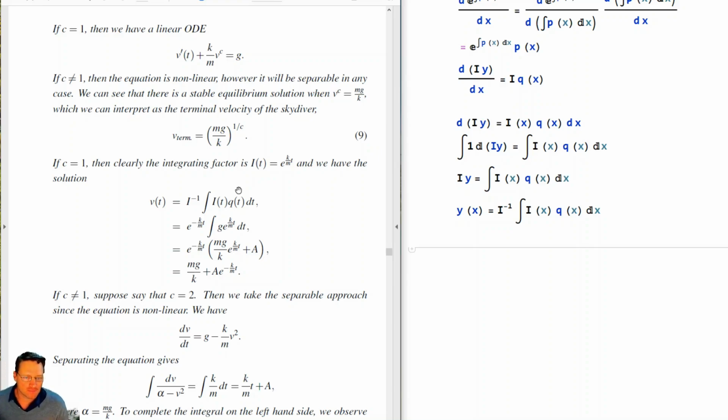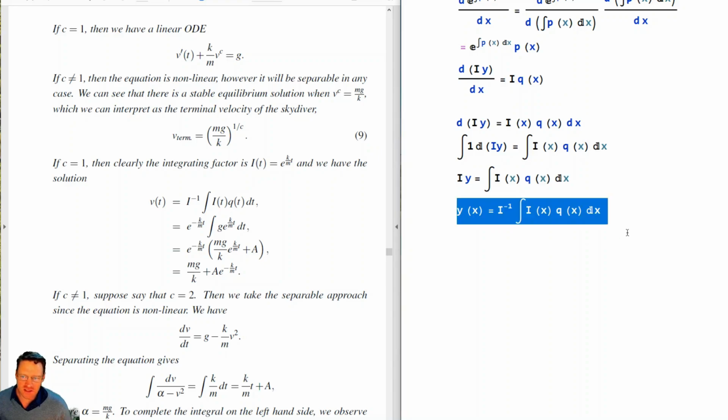In that case, the integrating factor will be e to the power of kt over m. And so equation 7 from before, which is just this here, gives us that v of t is I to the power of minus 1 times the integral of I times q of t.